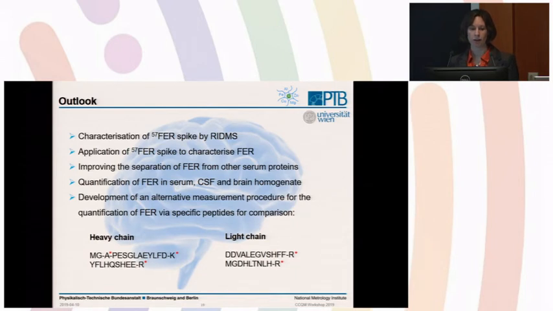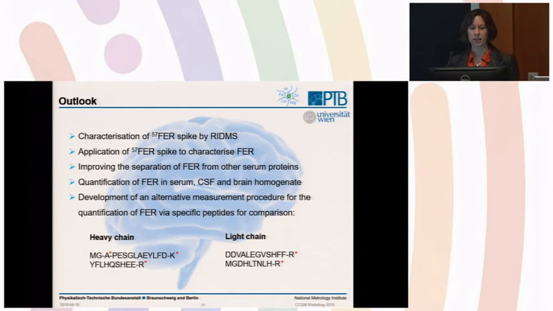And here I also have some support from our organic colleagues who want to help us identify the interfering proteins first, so that we can find a more targeted method to remove them. And the final goal is to quantify ferritin in serum, in cerebrospinal fluid, and also in brain homogenate we get from our partners from mouse models for Alzheimer's disease.